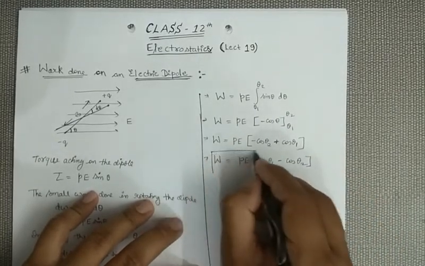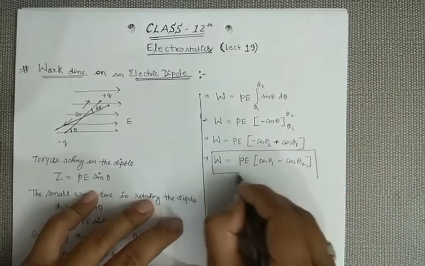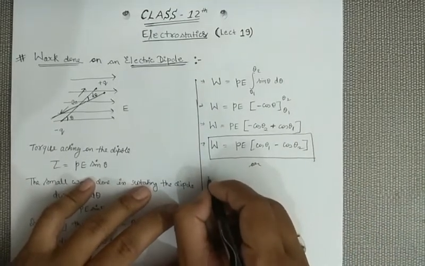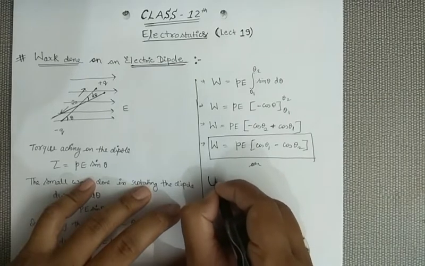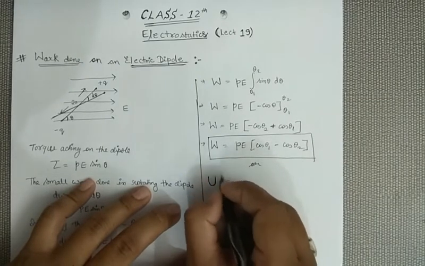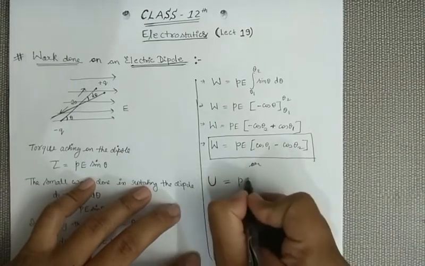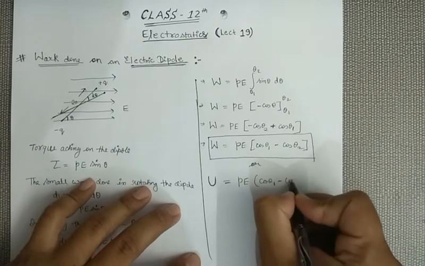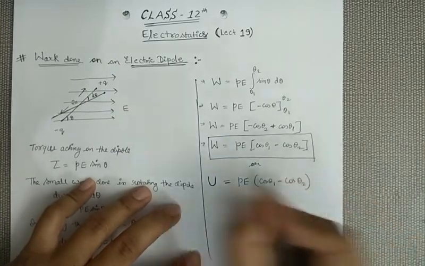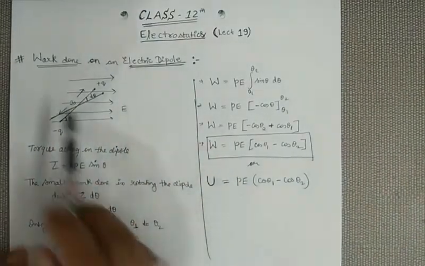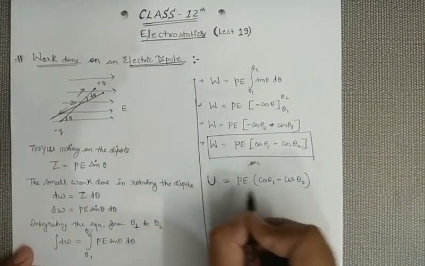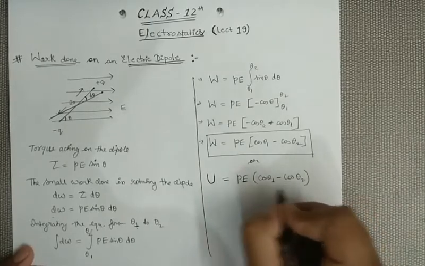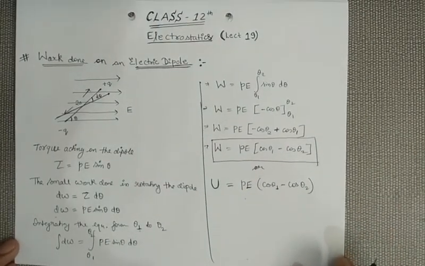So this is the work done on a dipole, or this amount of work done is equal to the potential energy stored in a dipole. So you can also replace this work done with the potential energy, that is pE (cos theta 1 minus cos theta 2). This derivation can be asked in both manners, either work done on dipole or potential energy stored in a dipole. Theta 1 and theta 2 are the angles from where you are rotating it.